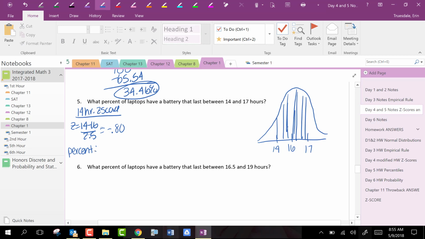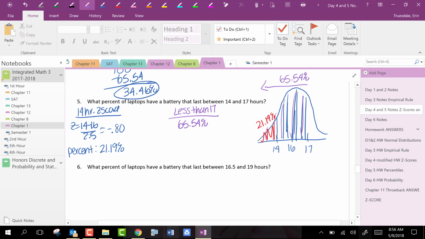What does that give you? Good, 21.19. Okay, so that is this piece, 21.19% less than 14. Now the less than 17, which you guys already did above, was 65.54%. That's all of this, all the way through.